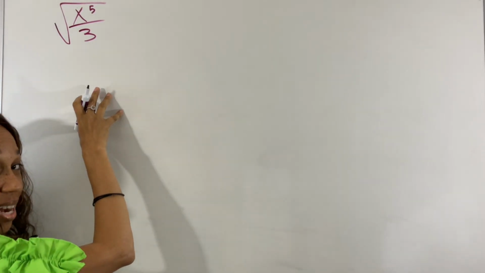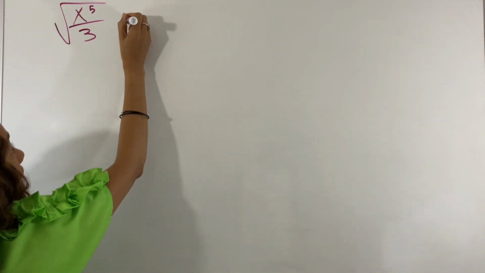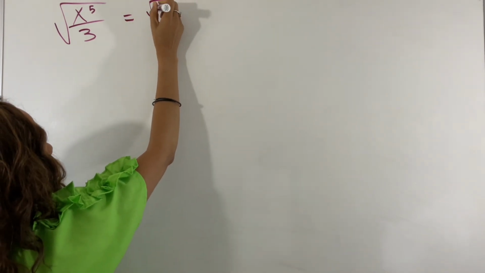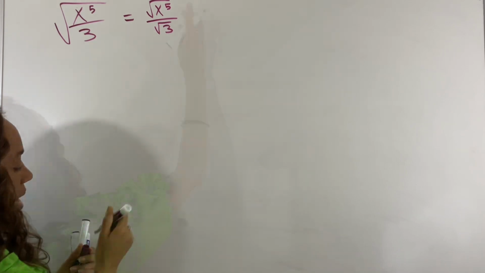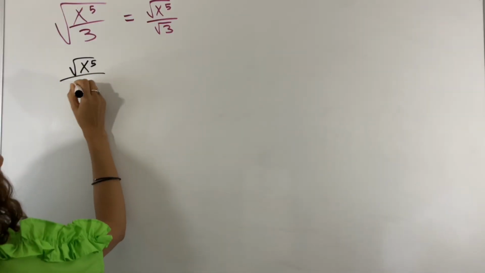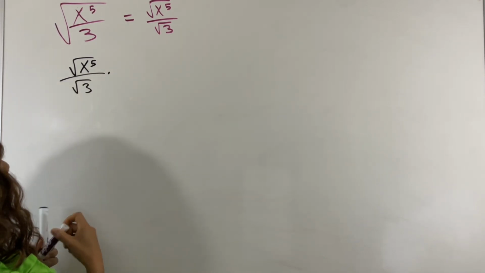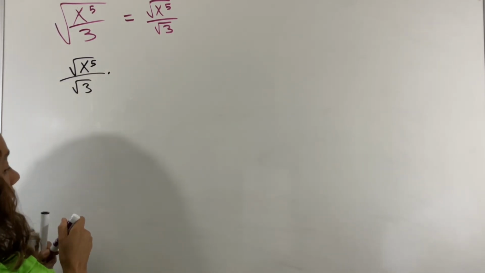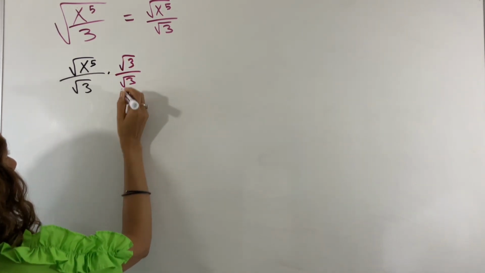When we have it like this, we still have to break this apart, and we are going to have it as radical x to the 5th power over radical 3. I'm going to rewrite it here, and then I'm going to rationalize the denominator, because I'm going to show you what is going to happen. And I'm taking radical 3 over radical 3.